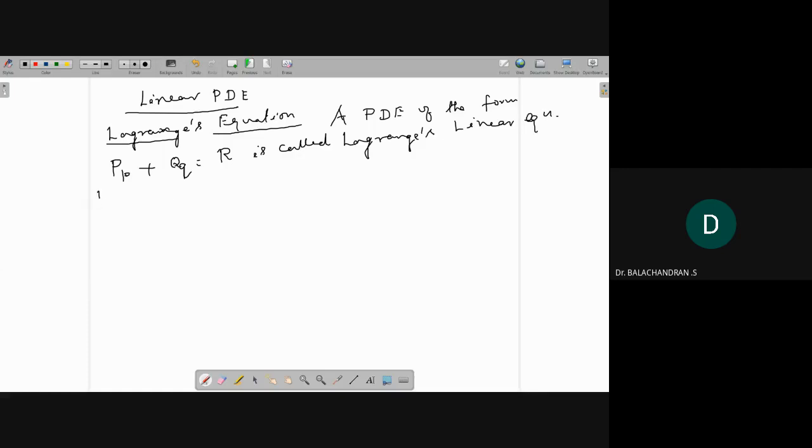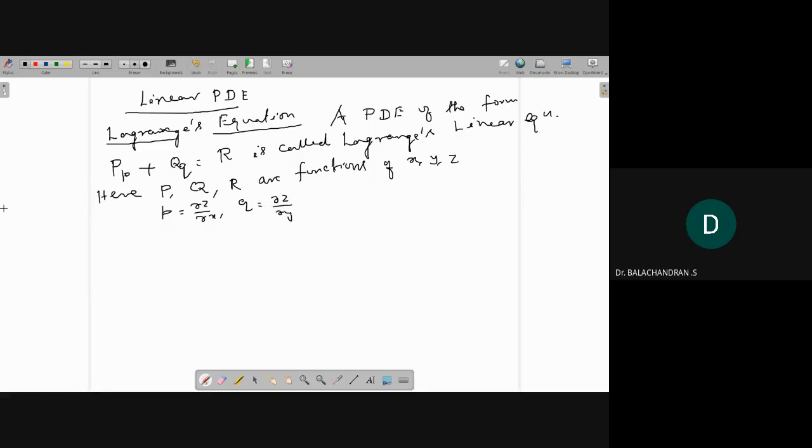Here capital P and capital Q and capital R are functions of x, comma, y, comma, z. And you know that small p is dou z by dou x, and the small q is dou z by dou y.